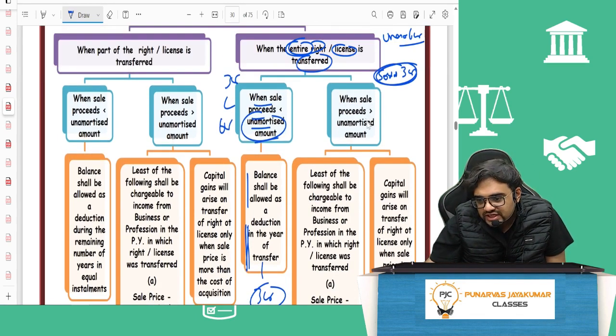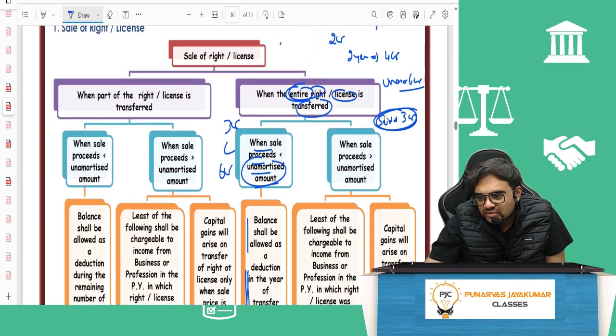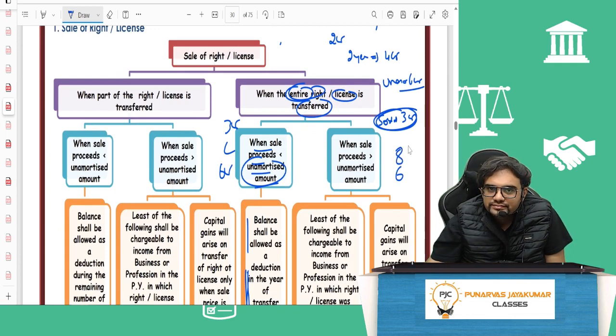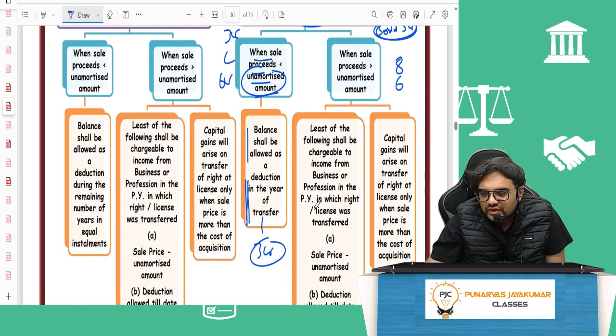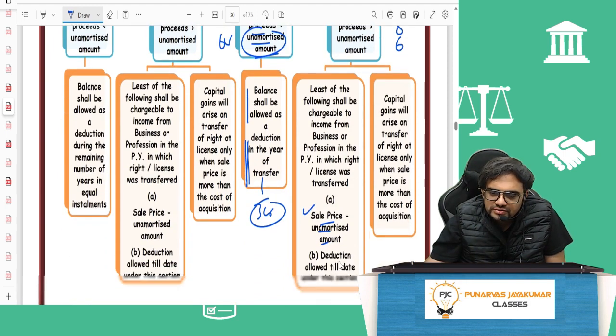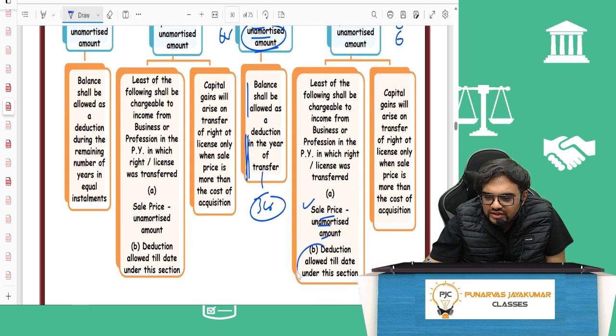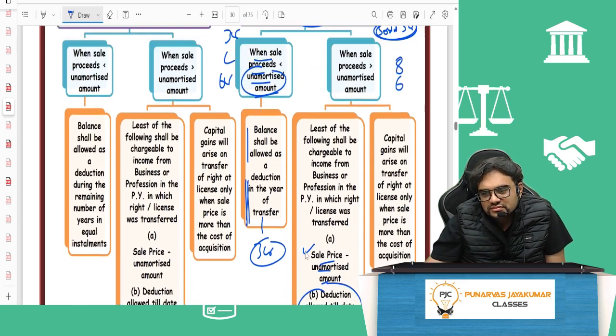When sale proceeds is more than the unamortized amount. What is the unamortized amount? 6. What are the sale proceeds? Assume sale proceeds would be 8. Least of the following shall be chargeable to income as business income. 1. Sale price minus unamortized amount, or 2. deduction allowed till date under this section.